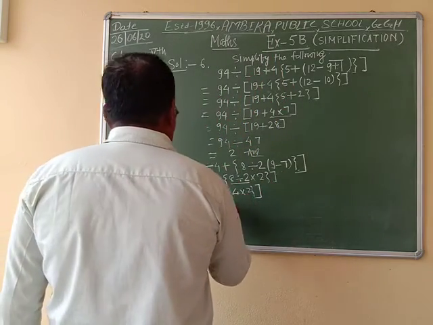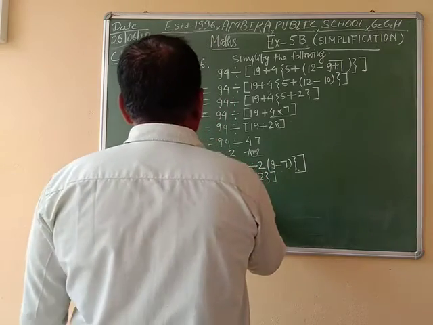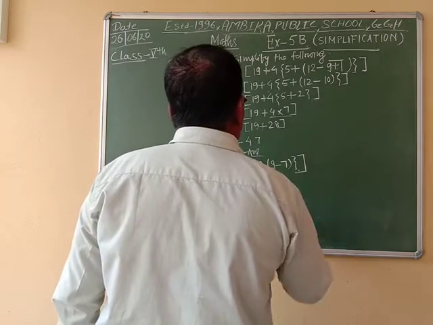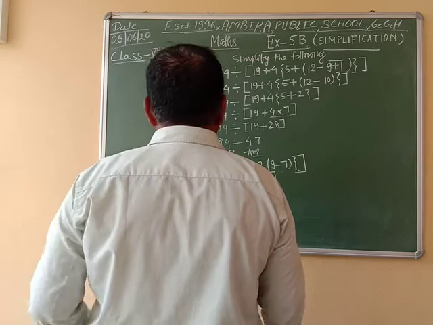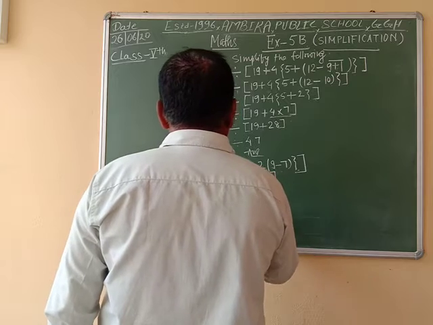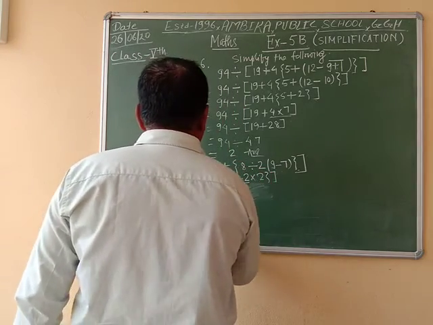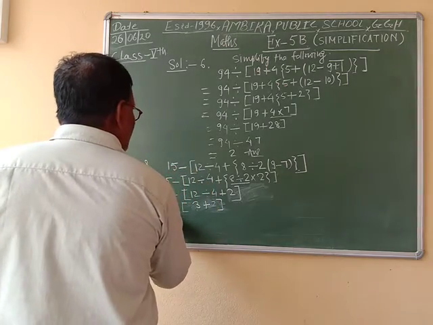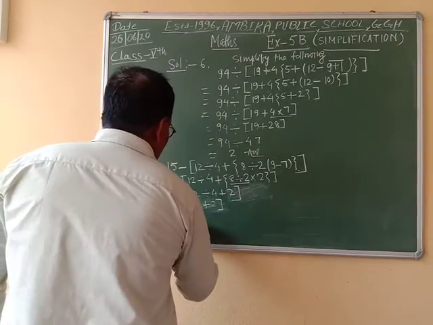Then 15 minus 12 divided by 4 is 3, plus 2 into 2, is equal to 15 minus 5, which is equal to 10. Solution 8.